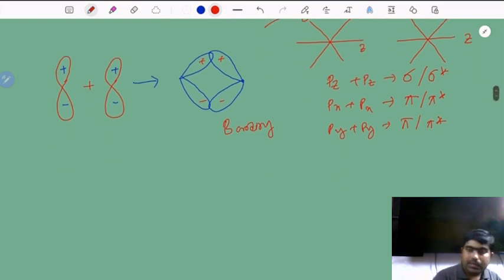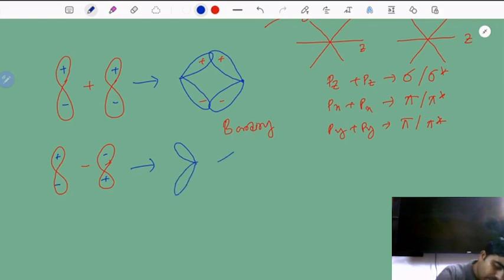And another one is the anti-bonding MO. When they make anti-bonding MO, suppose this p orbital minus another p orbital, we have two p orbitals, and this is plus minus minus plus.